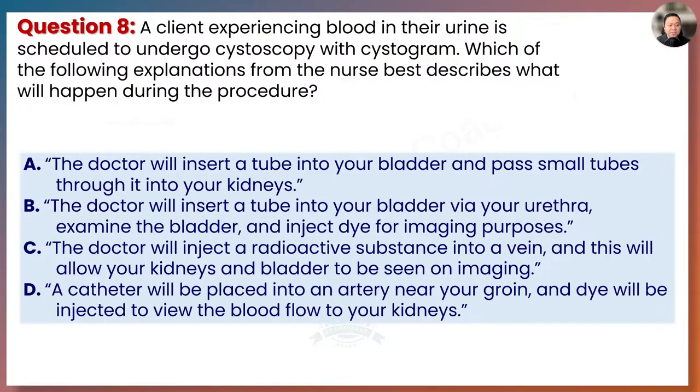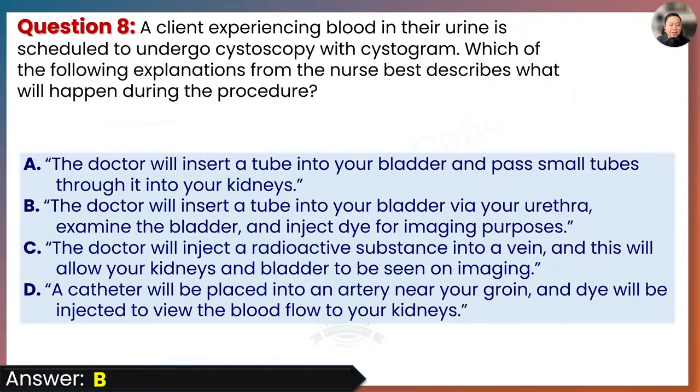B, the doctor will insert a tube into your bladder via your urethra, examine the bladder, and inject dye for imaging purposes. C, the doctor will inject a radioactive substance into a vein, and this will allow your kidneys and bladder to be seen on imaging. And D, a catheter will be placed into an artery near your groin, and dye will be injected to view the blood flow to your kidneys. The answer is letter B.